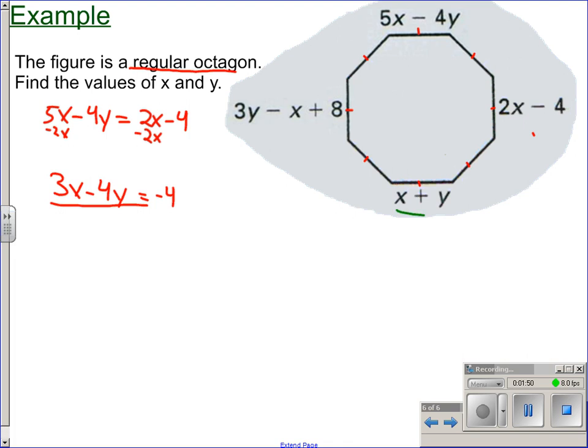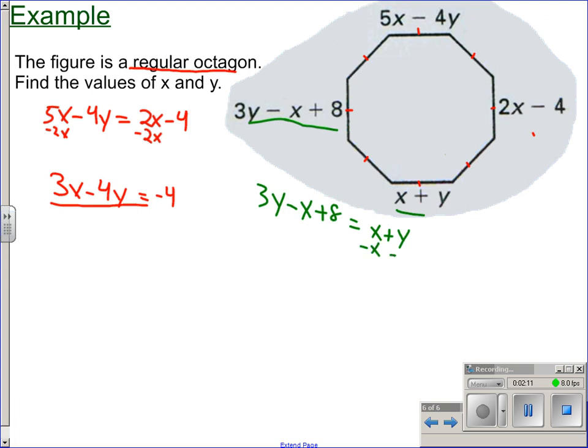Now I'm going to use the other 2 equations and do the same thing. I'm going to set them equal to each other, because they're equal side lengths: 3y minus x plus 8 equals x plus y. I'm going to put it in the same kind of format as the other equation, all the x's and y's on one side of the equal sign, all the numbers on the other side.